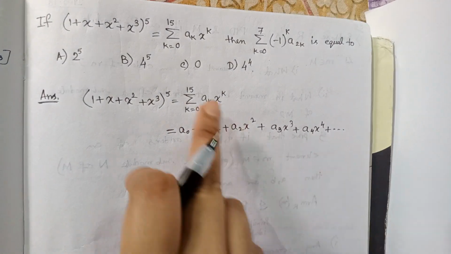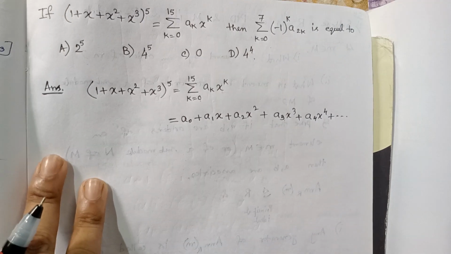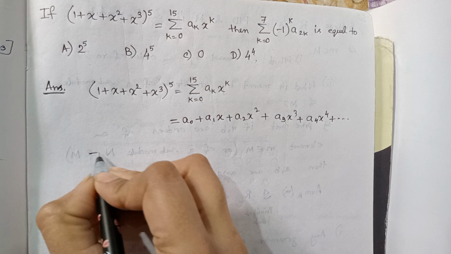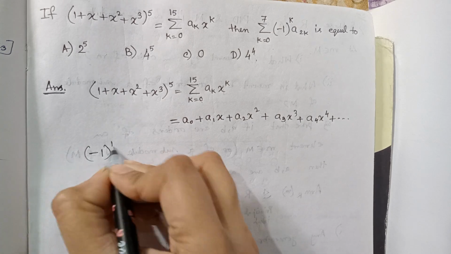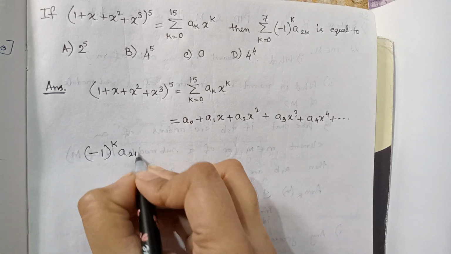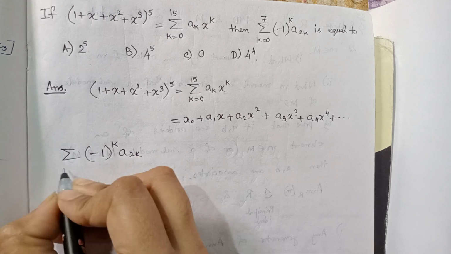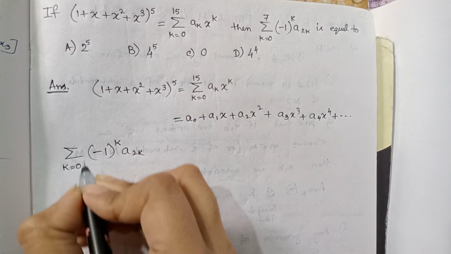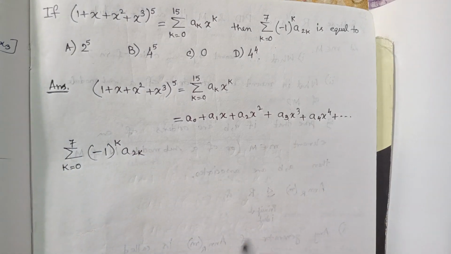So like this we get this series. Now we have to find the value of the sum of (-1)^k a_2k for k equal to 0 up to 7.